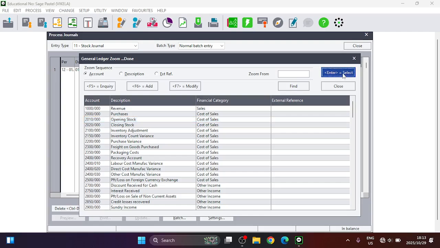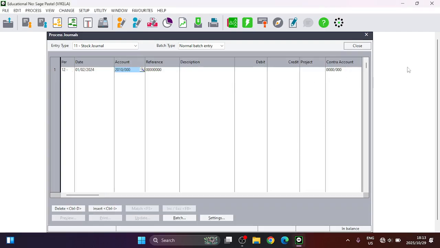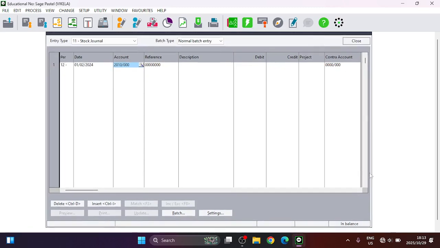And we're going to click enter. So, rule number one, you will now need to debit opening stock. When you look at the bottom, you're going to find opening stock here. That means that account is called opening stock.